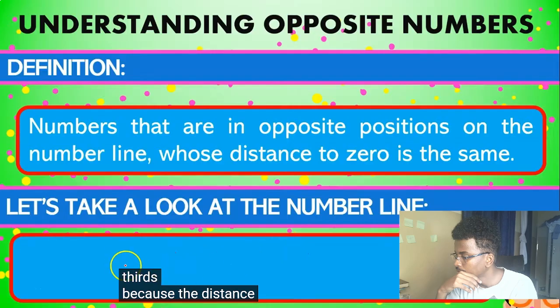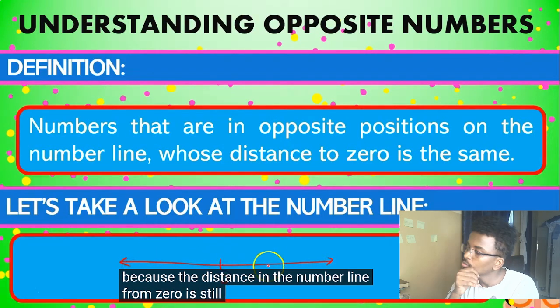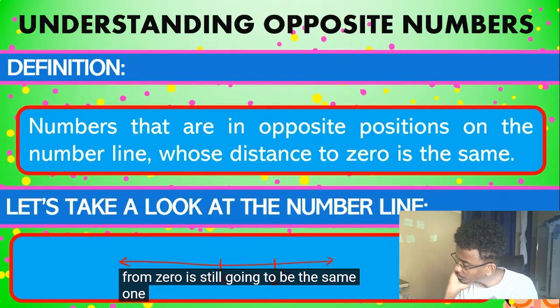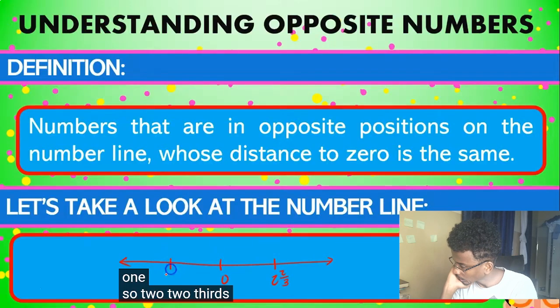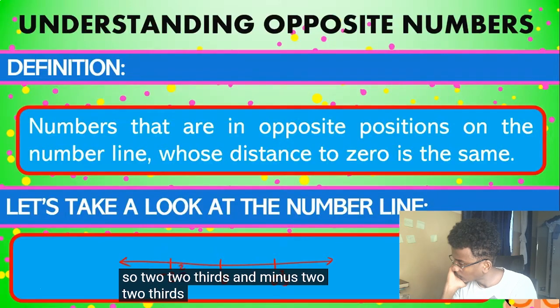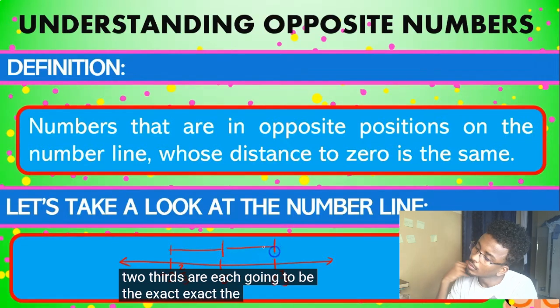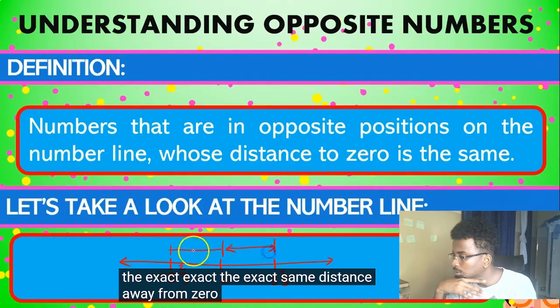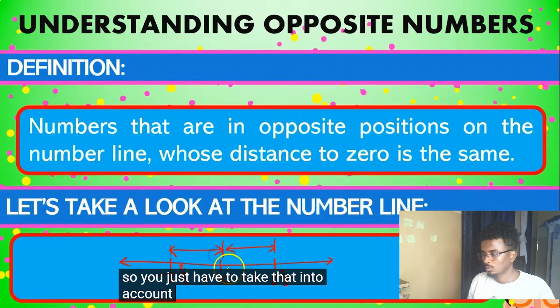Because the distance in the number line from 0 is still going to be the same one. So 2/3 and minus 2/3 are each going to be the exact same distance away from 0. So you just have to take that into account.